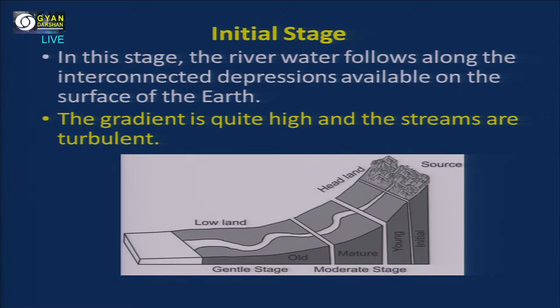The first stage of a fluvial cycle is the initial stage. In this stage, the river water follows along the interconnected depressions on the surface of the earth, and since this is at a higher elevation, the gradient is very high, and the streams are turbulent.